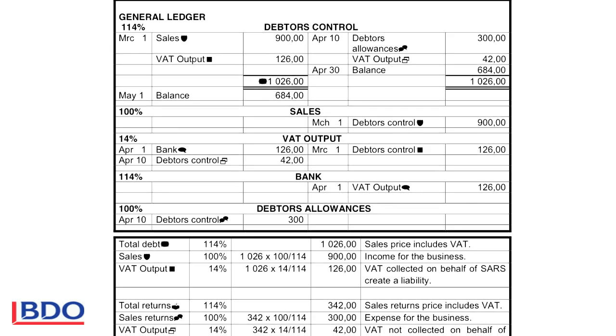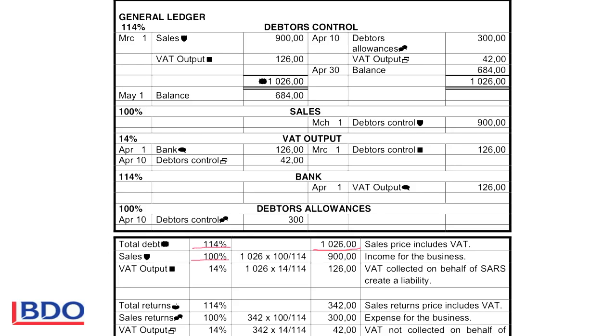Okay, they said to us that the total amount is 1026. This sales price includes the VAT. Therefore, this amount equals 114%. The sales figure is 100%. That is what the business wants for the goods.